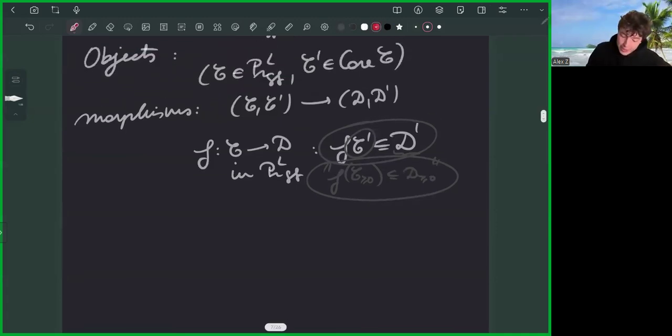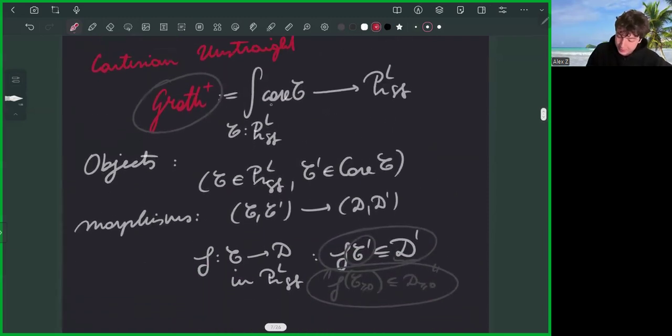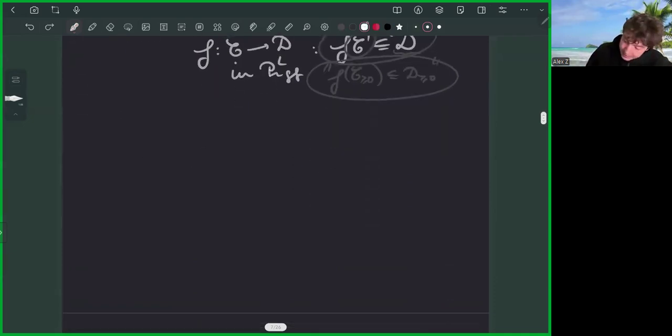So we have to modify this core construction, this functor core here, and we will do this in a second. Let me just make one remark on this construction, namely the following.